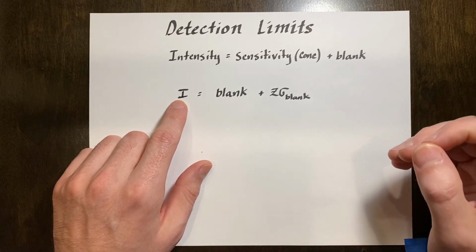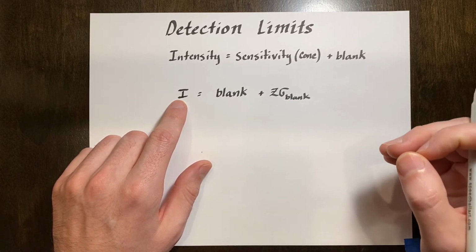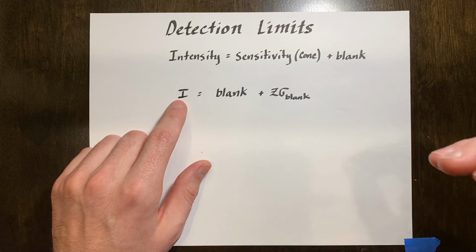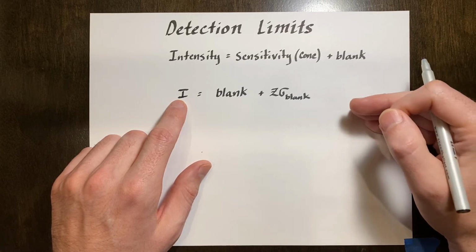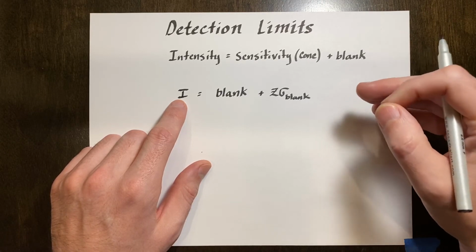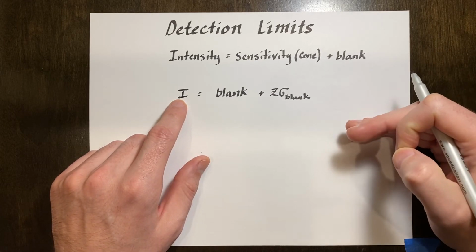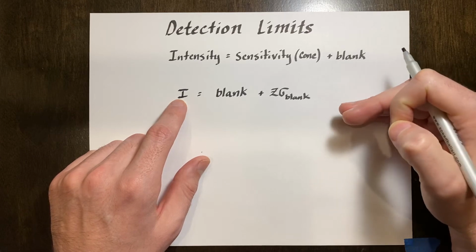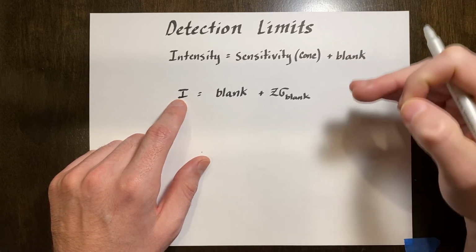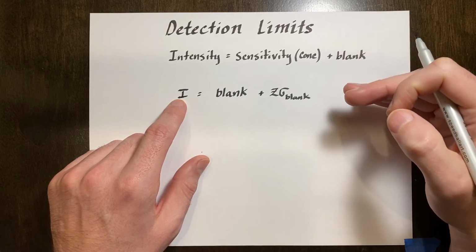So really, what do we mean by I know for sure that there's analyte in this sample? Well, I need to know that there's a signal beyond the blank, higher than just the blank.